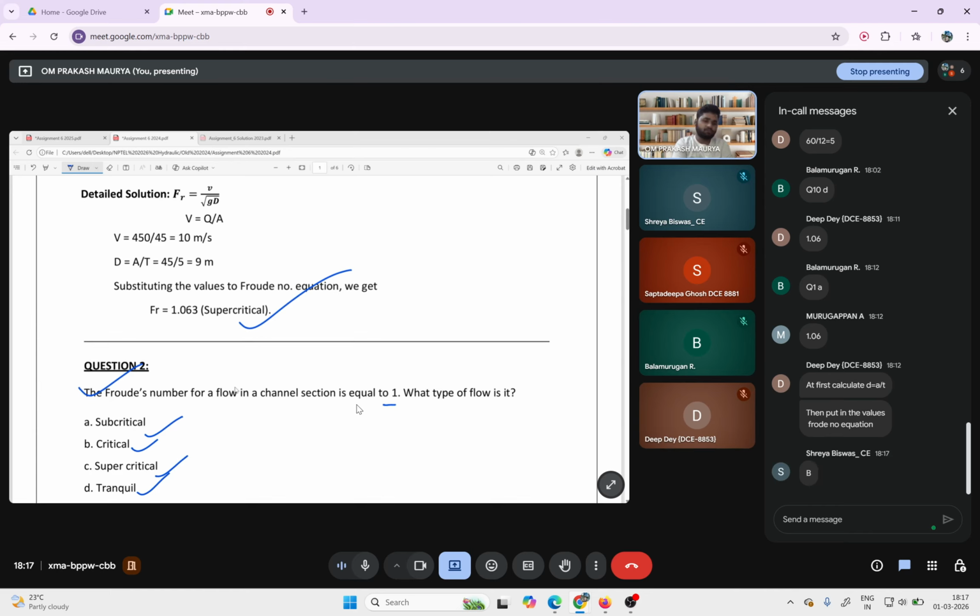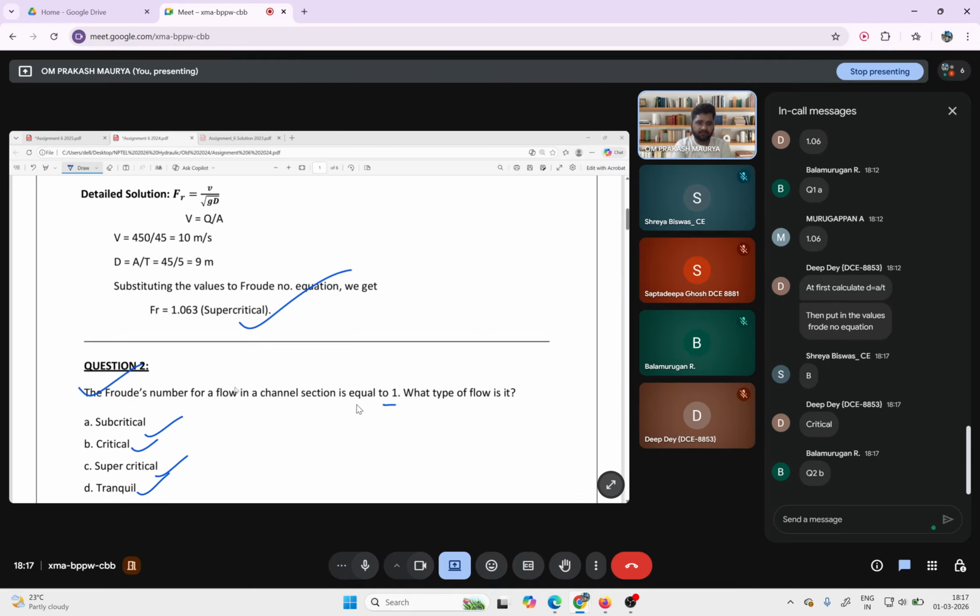For question number 2, Shreya is telling B option. Very nice, critical. Other students, please. Okay, Deep is also telling critical. Bala is also telling critical, B option. So everyone is telling the B option. That is nice.